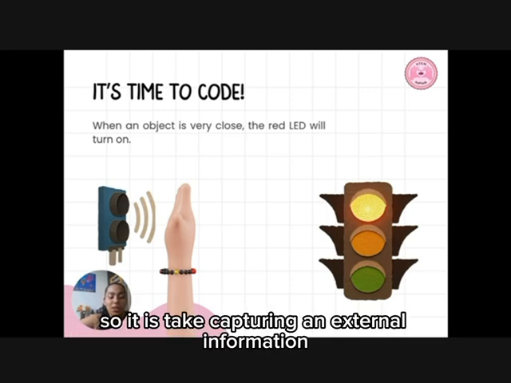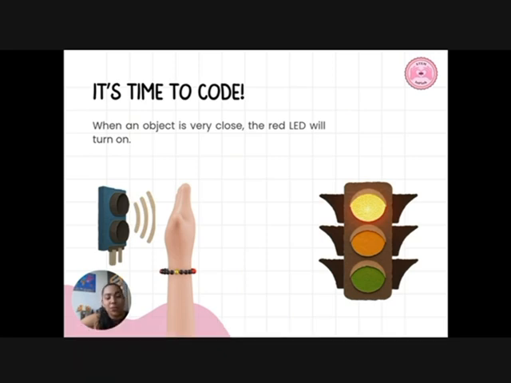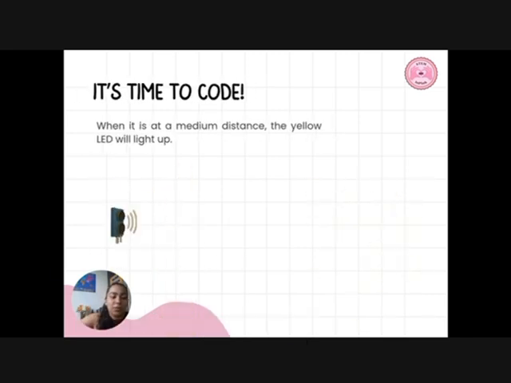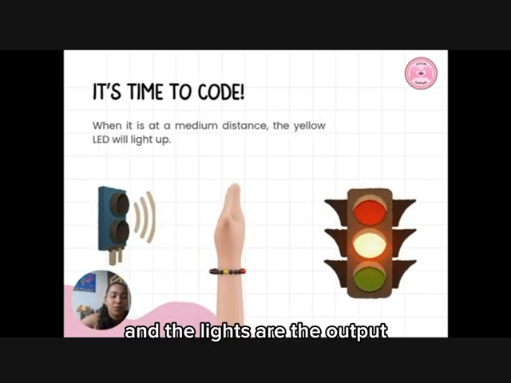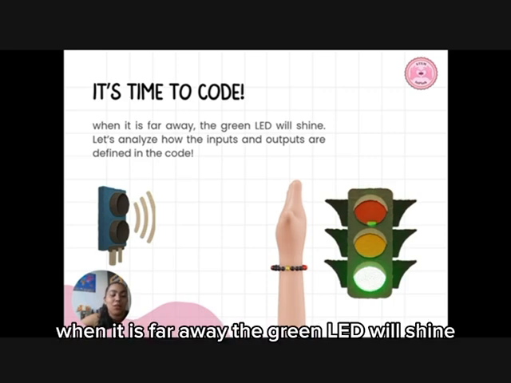So it is capturing external information, and the object in this case is our hands. When the object is very close, the red LED will turn on, and the lights are the output. When it is at a medium distance, the yellow LED will light up. And last but not least, when it is far away, the green LED will shine.